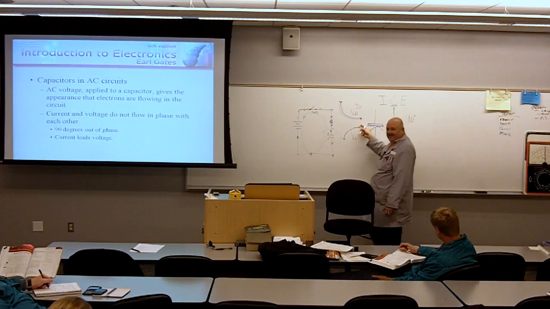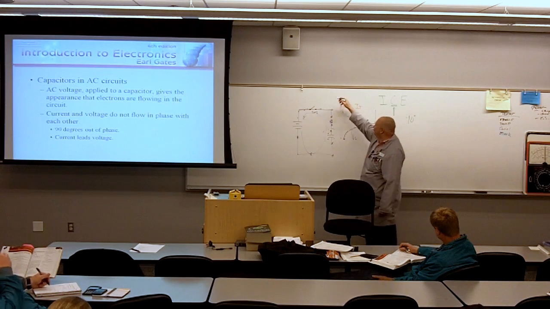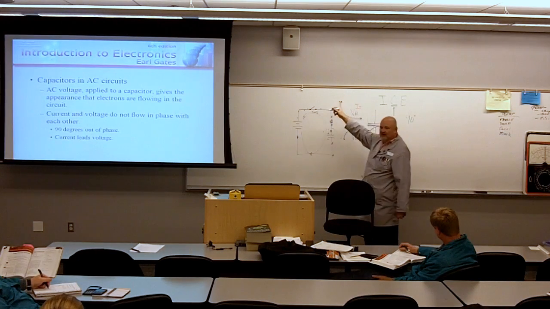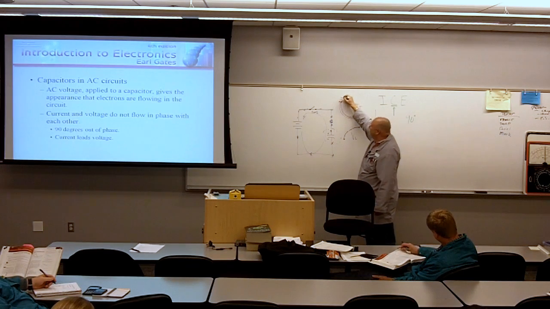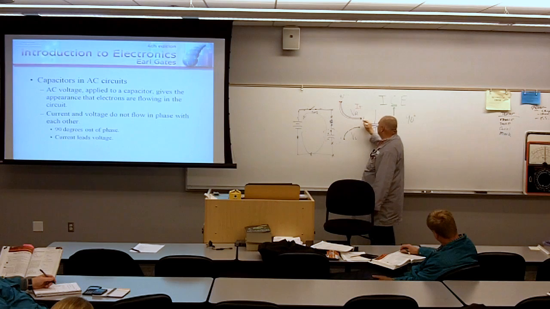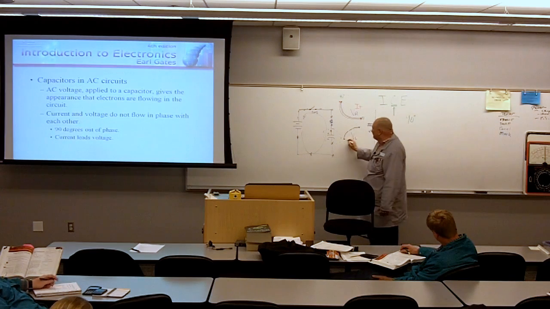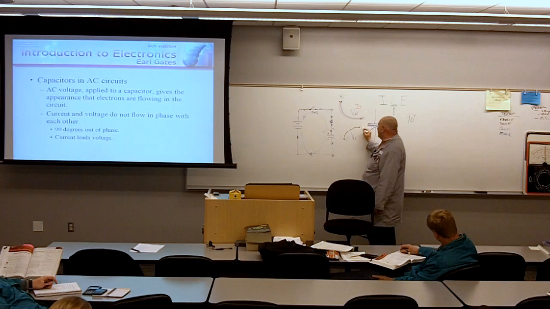Check this out. If I actually filled this out, made it into a sine wave, and I'm at the peak value right here, this means that I'm at 90 degrees right here, and this would be 0 degrees or 180 degrees. Do you agree with that? If this is the start of a waveform, this would be at 0 degrees, and this would be at 90 degrees.